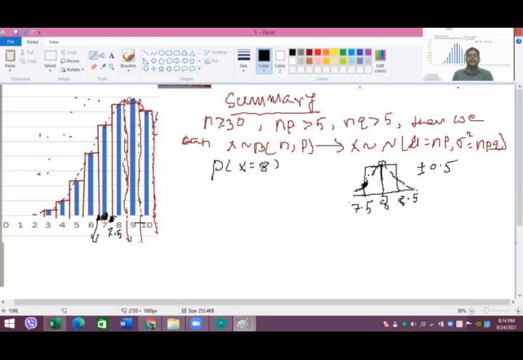So instead of finding the probability x equals 8, you have to take either or both of the points which are on the curve. If you consider the histogram, this line is for the continuous part, but 8 is the line graph for the binomial distribution, so this is not the continuous part. So we consider the continuous part as we are approximating this through a continuous distribution, which is the normal distribution.